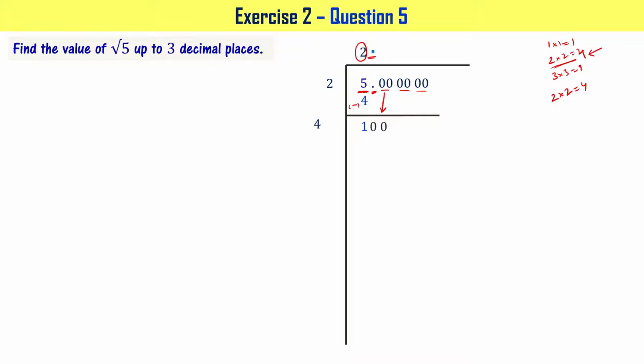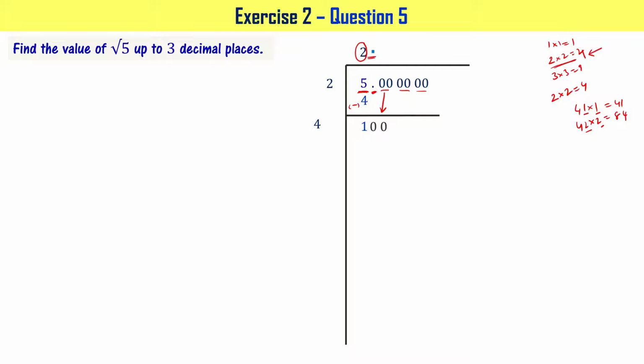Now look at this. 41 times 1 is 41. That is less than 100. 42 times 2 is 84, right? Here 1 I have used, 2 and 2 I have used, right? So 43 times 3 is going to be bigger than 100.